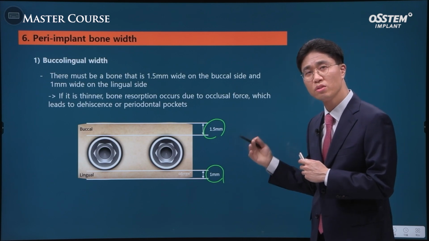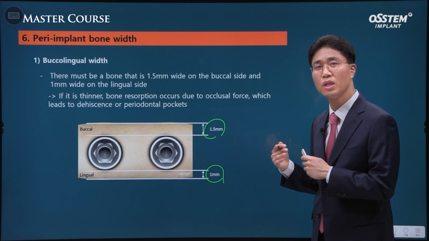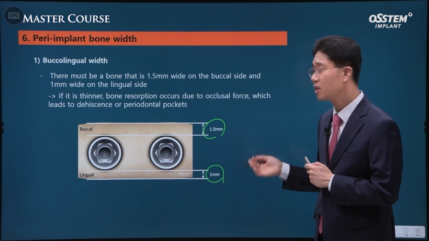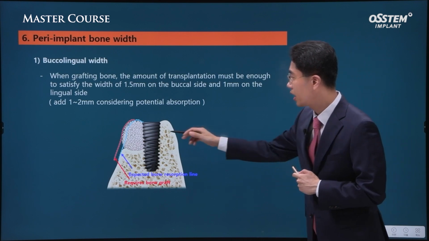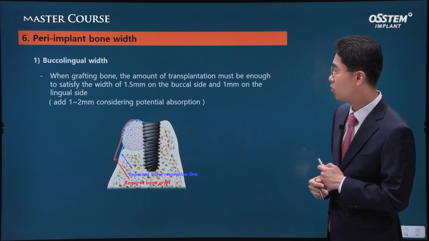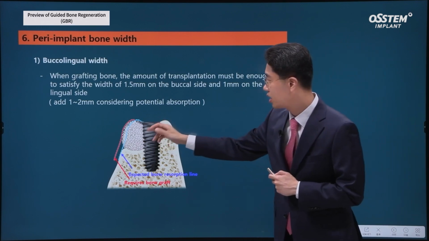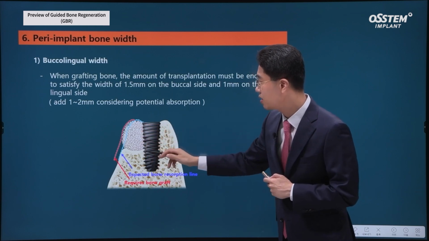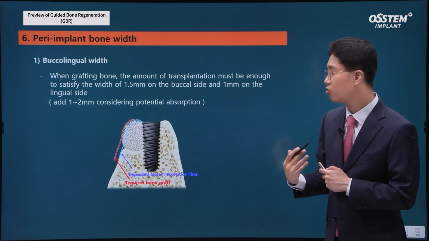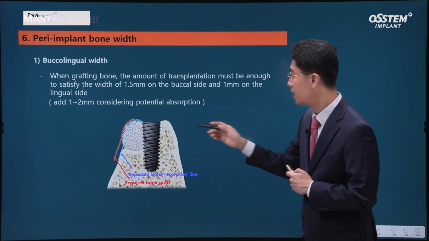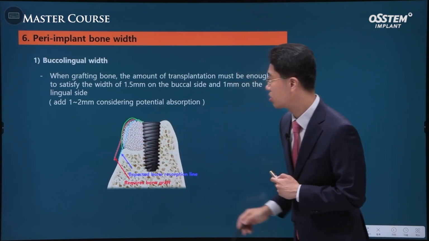Or else we would need to do GBR or other procedures to augment bone. If there's lack of bone on the buccal side, GBR needs to be performed. When you do GBR, you need to consider that the grafted area can be resorbed as well. Therefore, overgraft is necessary.